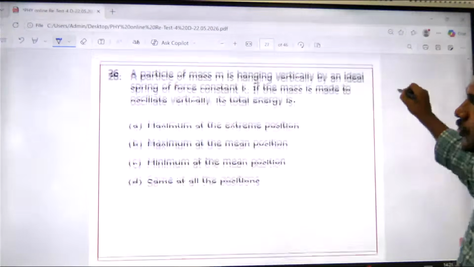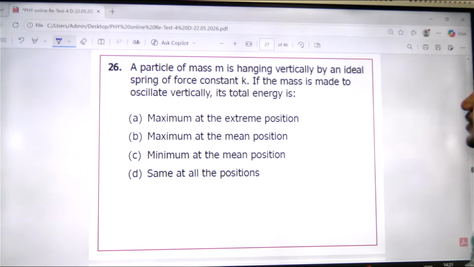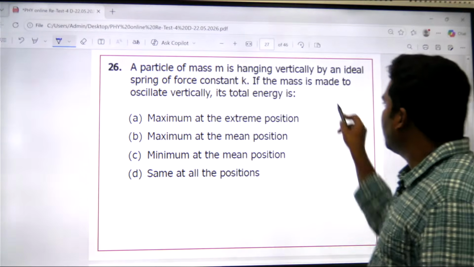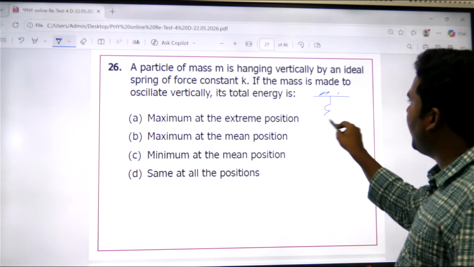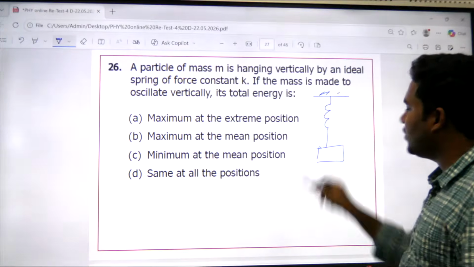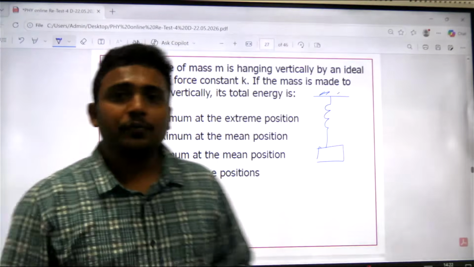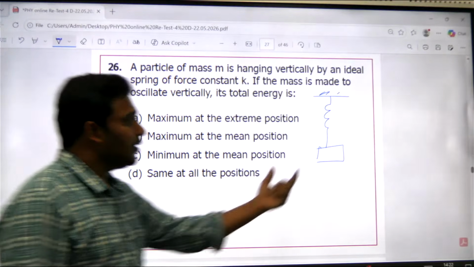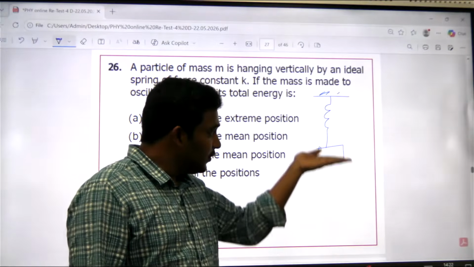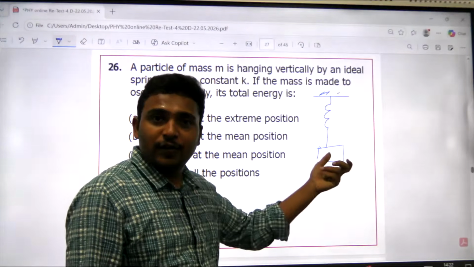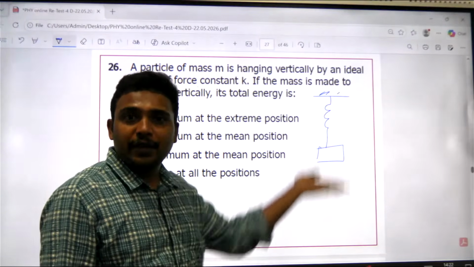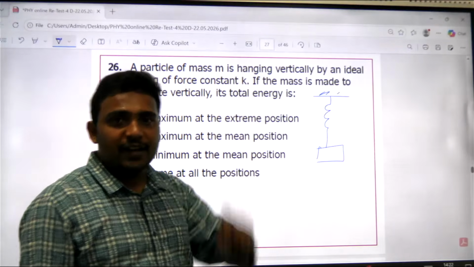Moving on to the next question, question number 26. The particle of mass m is hanging vertically by an ideal spring of force constant k. If the mass is made to oscillate vertically, the total energy is... We all know that if the mass is made to do simple harmonic motion, this is a vertical mass connected to the vertical spring.